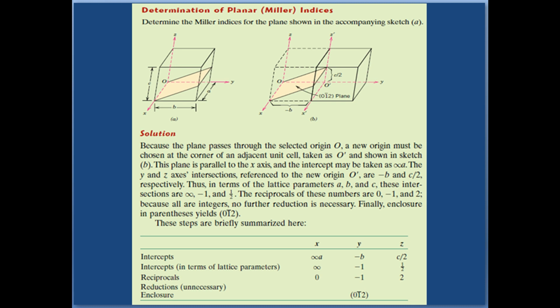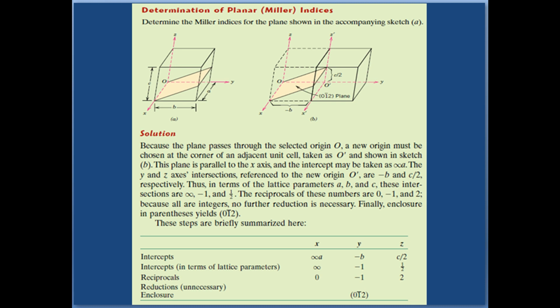Thus, in terms of lattice parameters, that is a, b, c, these intersections are infinity, minus 1 and 1 half.